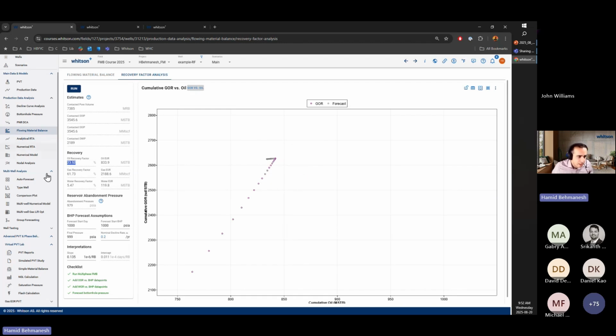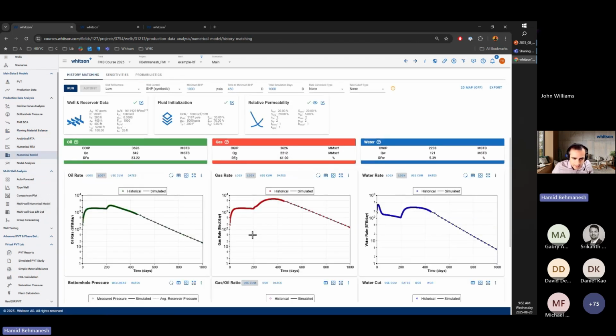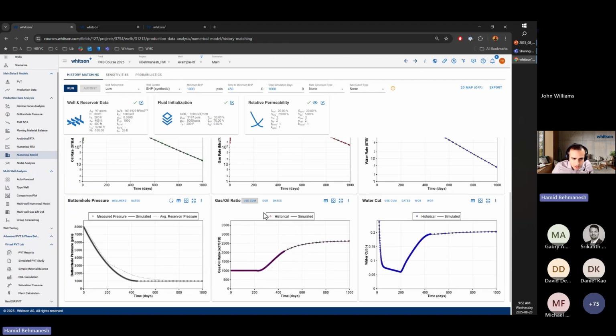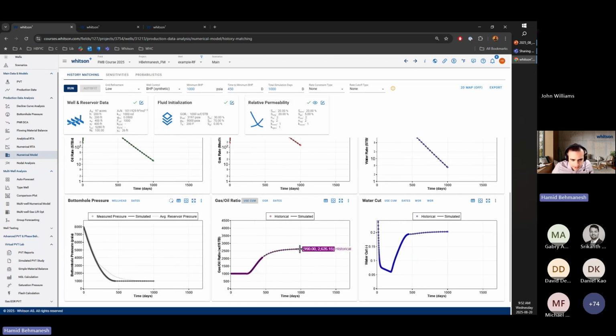Also in the numerical model, if I go one more time to the numerical model, we can see that the trajectory of the GOR that we are expecting is plateauing in this one. So we can use numerical simulation as a guideline for how to forecast the rest of the OGR.